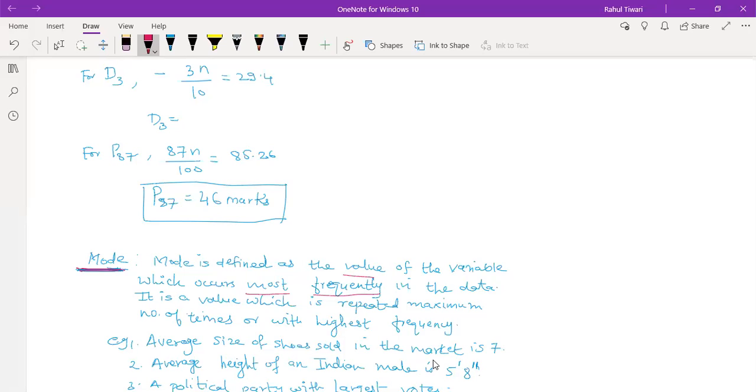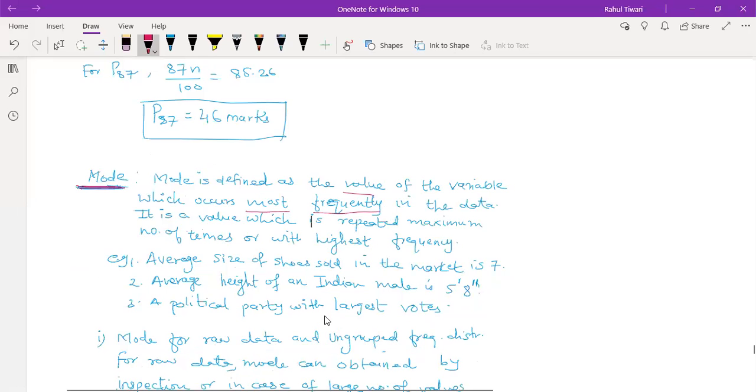But what is an application of mode? How does it work? I have given only 3 examples here. First, the average size of shoes. Generally, the size of shoes sold in the market is 7.